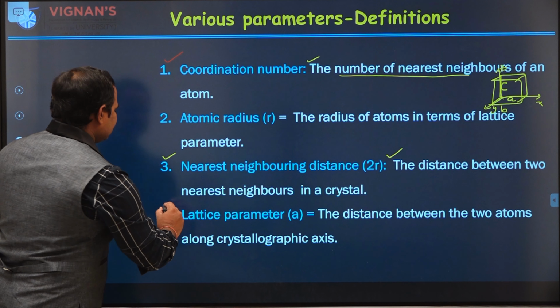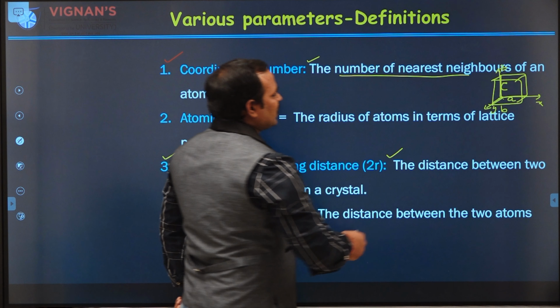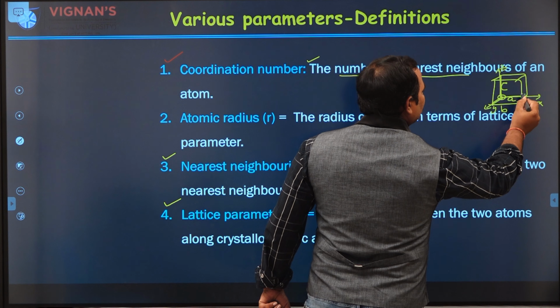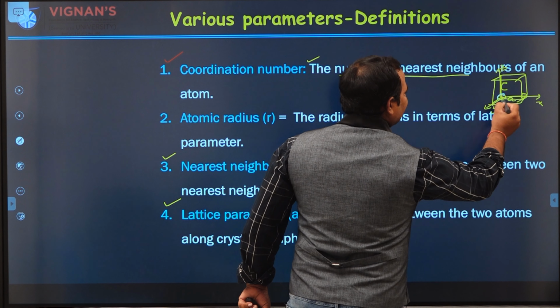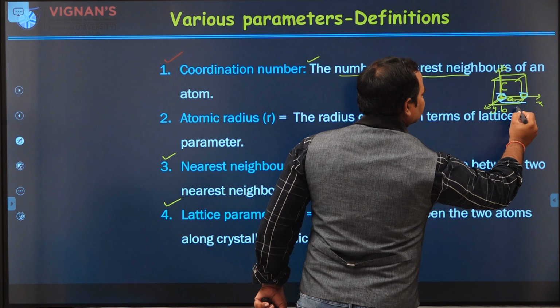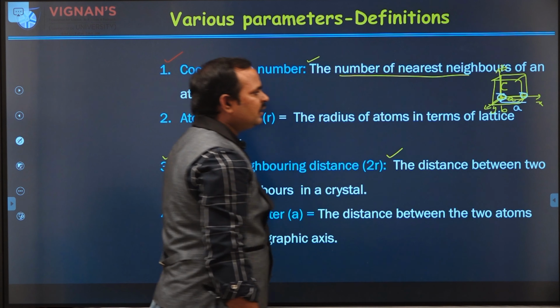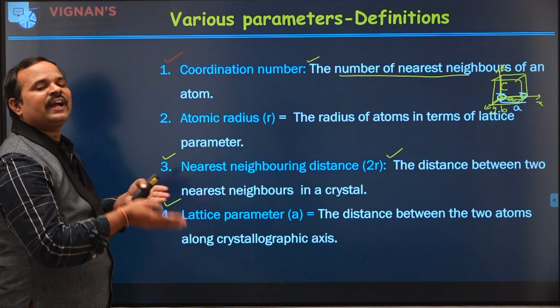And the fourth one is the lattice parameter. Simply, the lattice parameter is the distance between two atoms along the x-axis. This is one atom on the x-axis, this is another atom on the x-axis. The distance between the two atoms is A. But we don't yet know it in terms of another parameter like atomic radius.